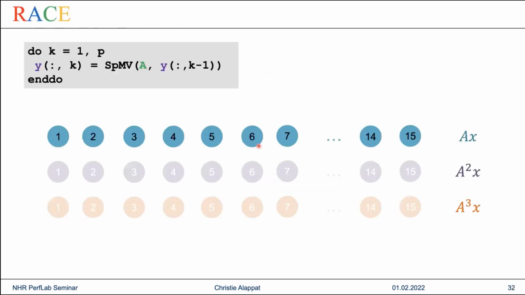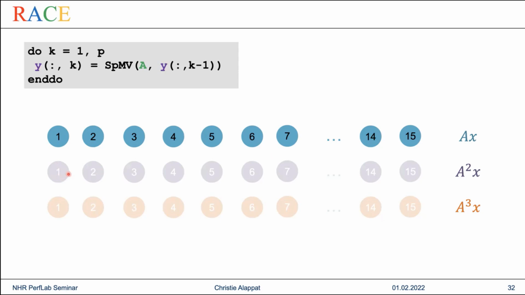To demonstrate the idea, here I show the levels again. The levels are shown with circles. In the first row, we see the levels when they are updated to Ax computation. When these levels are updated to Ax computations, these levels are bright.